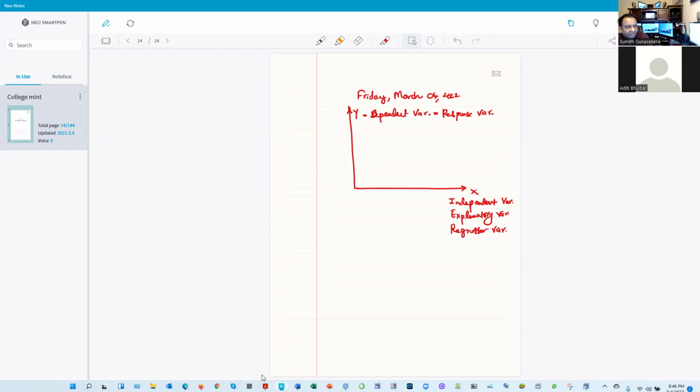Response variable, or exposure variable. And this one we say Y variable. Sometimes we call it the endogenous variable. This one exogenous.